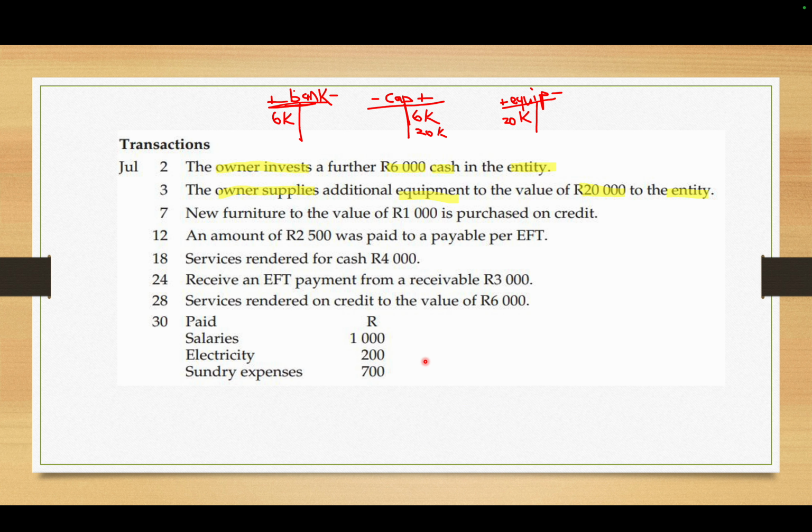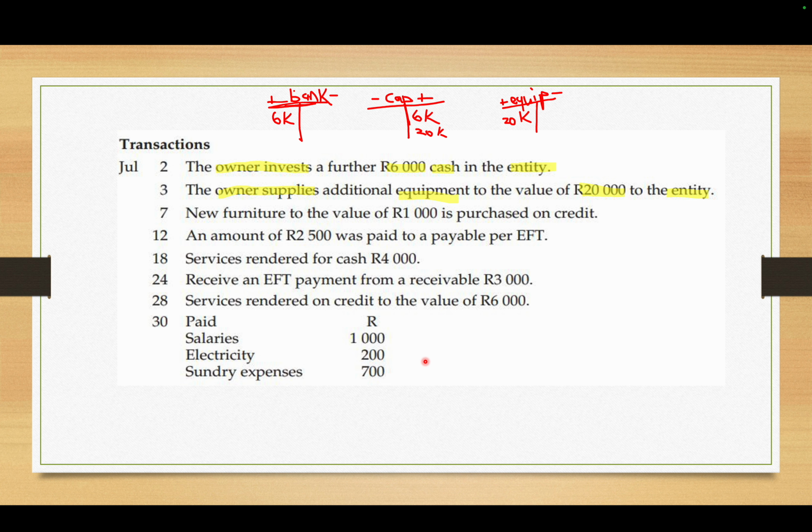Okay, and then we have services rendered on credit to the value of 6,000 rand. So remember, services rendered, that is income, in profits, so it's under equity. So we basically painted for UJ on credit, so we did not receive the money as of yet.